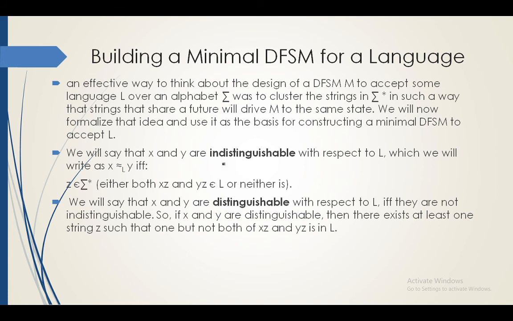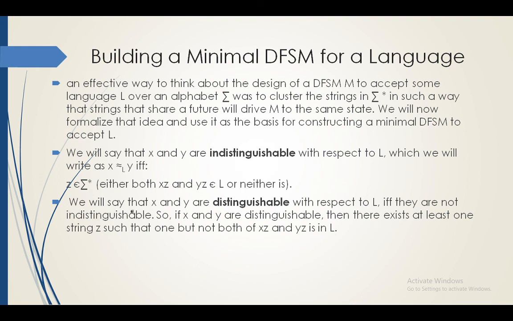We say that x and y are indistinguishable with respect to the language, written x is equivalent to y with respect to L, if and only if for all z belonging to Sigma star, either both xz and yz belong to L or neither does. So these are the indistinguishable states.